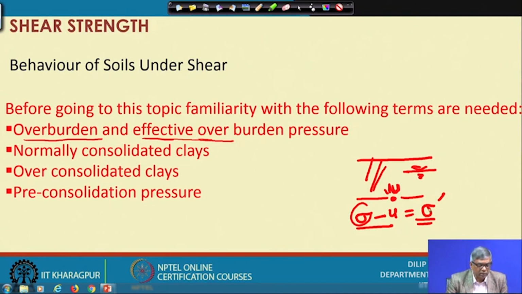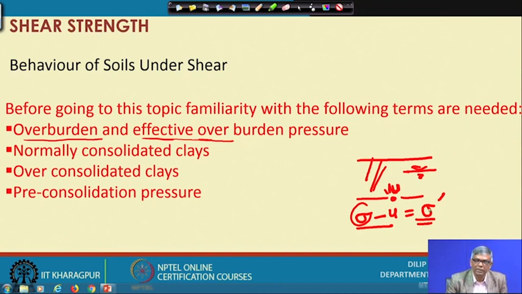Then normally consolidated clays. As I have already pointed out, different soils will behave differently. Normally consolidated soil and over consolidated soil we will discuss at length in the subsequent topic, compressibility of soil, but here I will just introduce the terms.